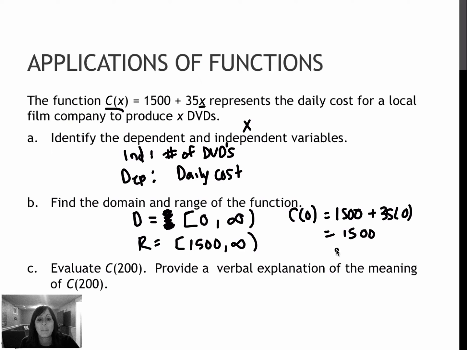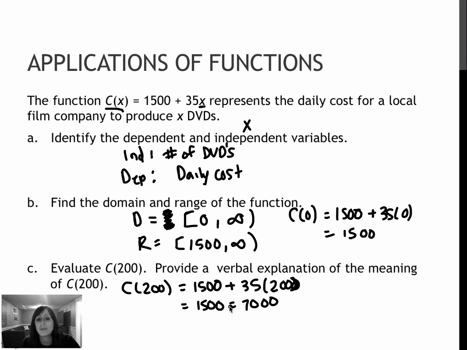The last one, C of 200, they want me to replace X with 200 and evaluate. So 35 times 200, whoops, not 2,000, just pretend it's 200. 35 times 200 is 7,000.